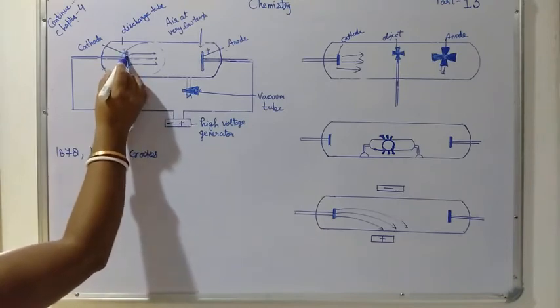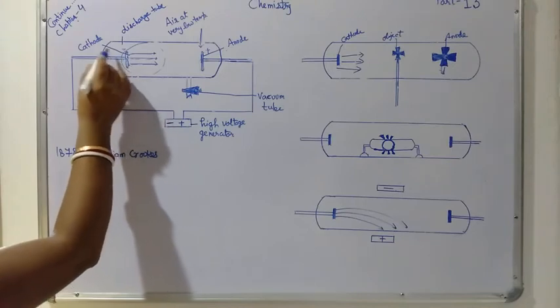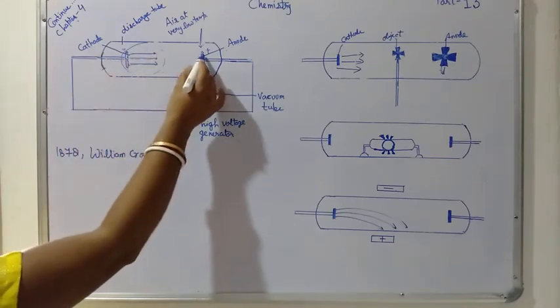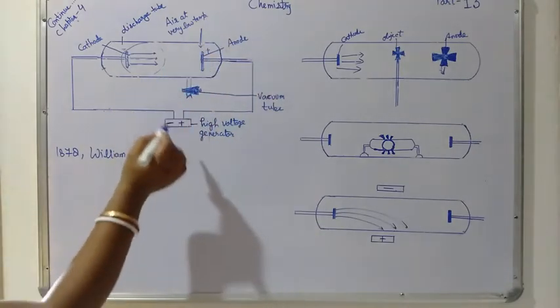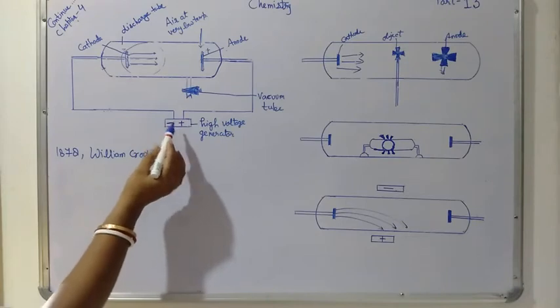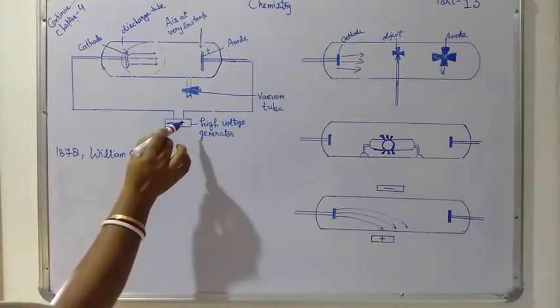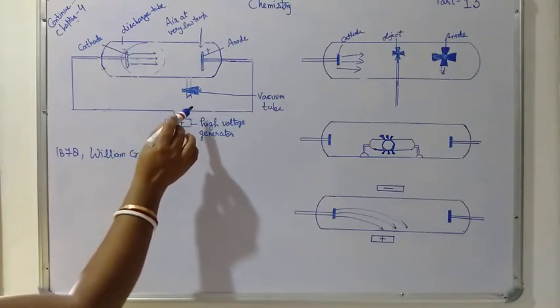This side plate is negatively charged, so it is called the cathode, and this side is positive, so it is called the anode. With the help of this high voltage generator he passed the electric current.